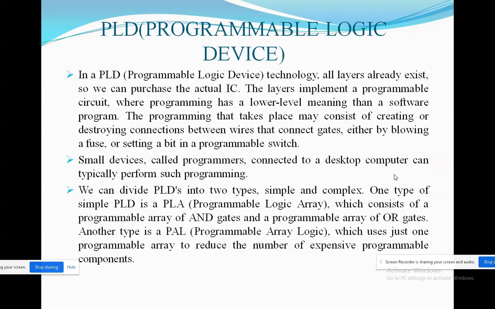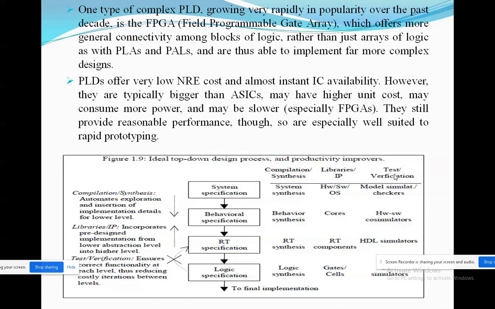Using an AND array and OR array is the simple method, that is PLA and PAL. But in the field programmable gate array, you will be using logic blocks, connecting block to block. In PAL and PLA, you will be using arrays of logic. So this type of FPGA logic will be implemented for more complex designs.